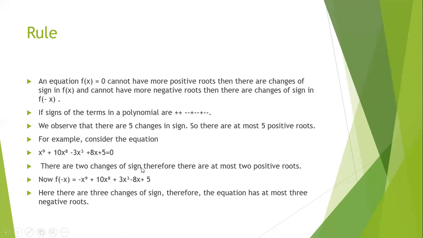There are 3 sign changes in f of minus x. Therefore the maximum number of negative roots is 3. So the maximum number of positive roots is 2 and of negative roots is 3. This is our Descartes rule of sign.